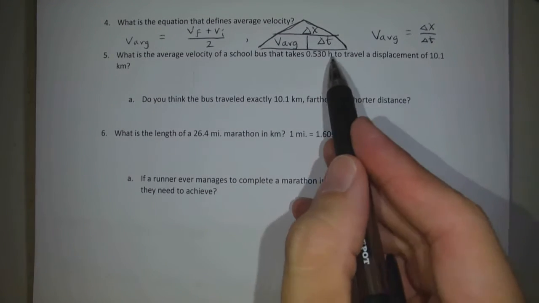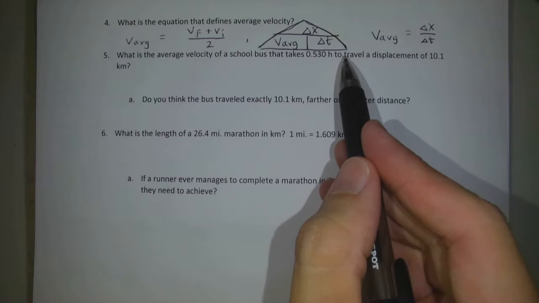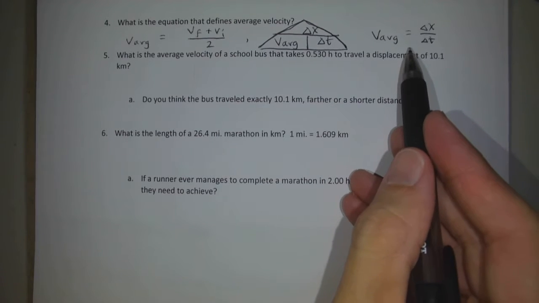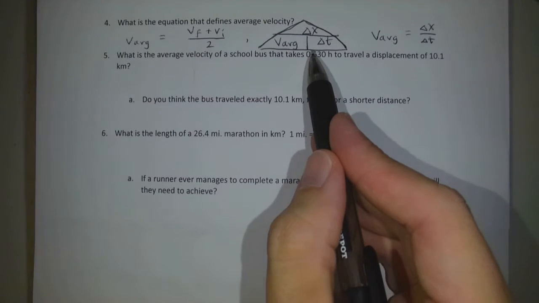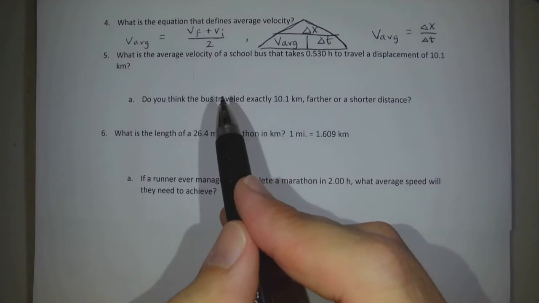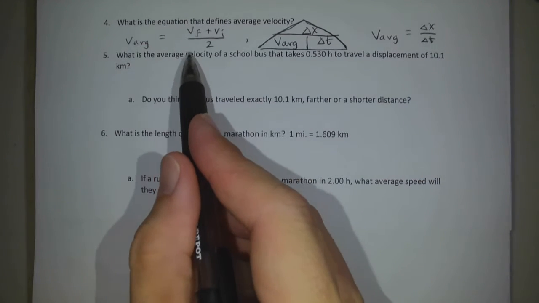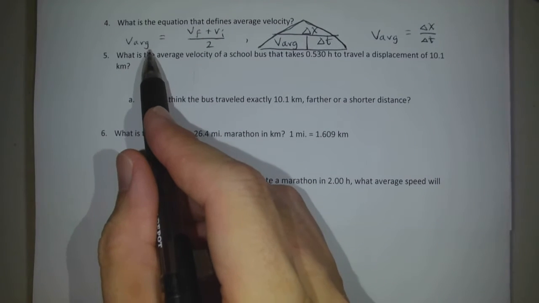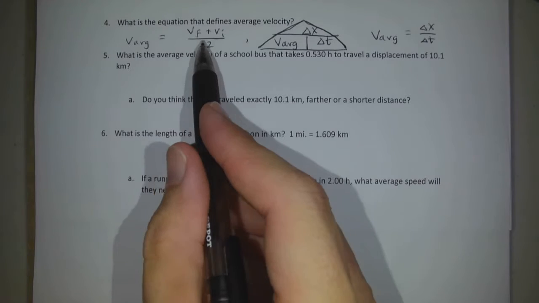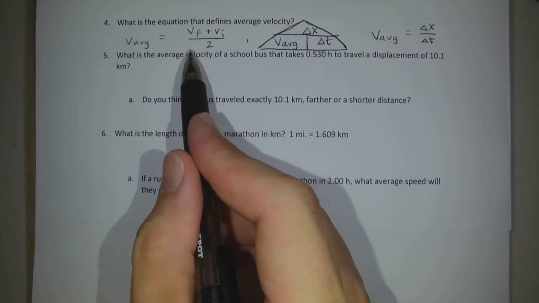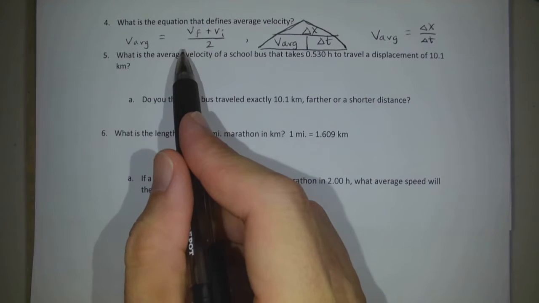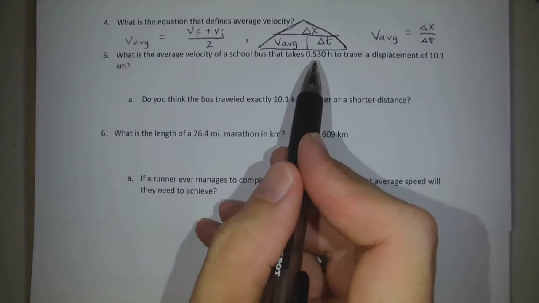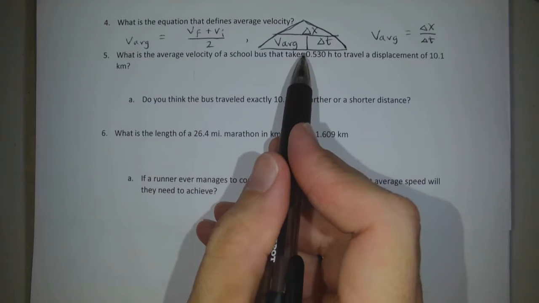So these two have the same information, both an algebra way to write it and a math helper way to write it. This one uses totally different information. When someone asks you for the average velocity or one of these pieces inside, you'll have to decide whether this is a better fit for the information you have or this is a better fit for the information you have.